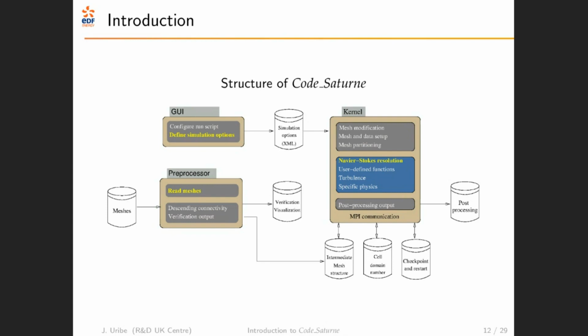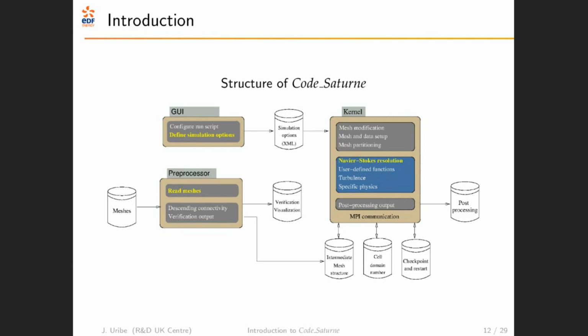So once that translation is done, everything is passed to the kernel, which is basically where the bulk of the calculation takes place. It solves the equations that you are trying to solve, and it creates an output.